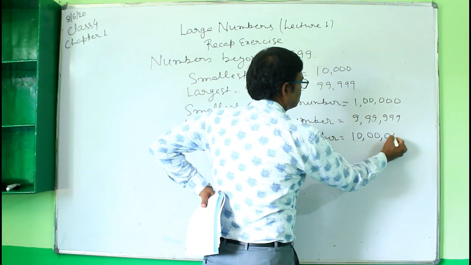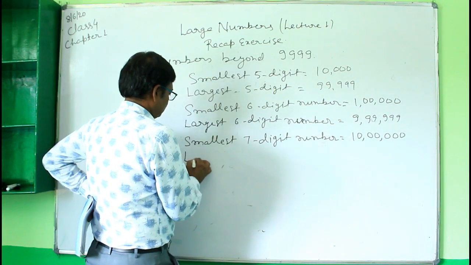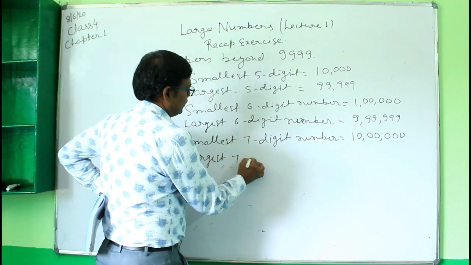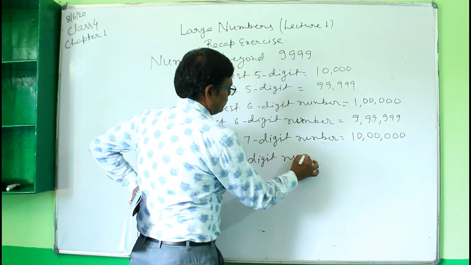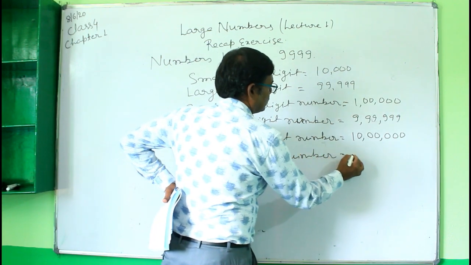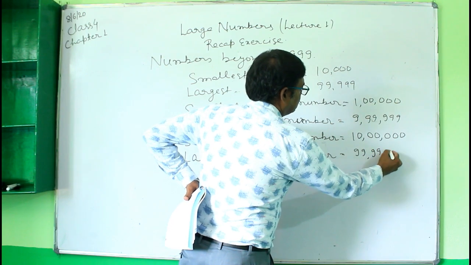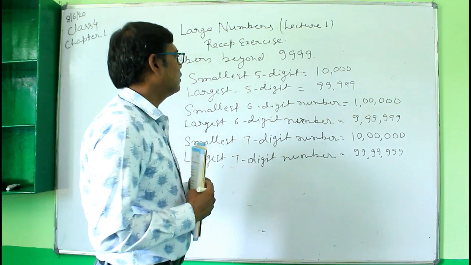This is the smallest 7 digit number. The largest 7 digit number is 99,99,999. Okay, so these are the numbers here.